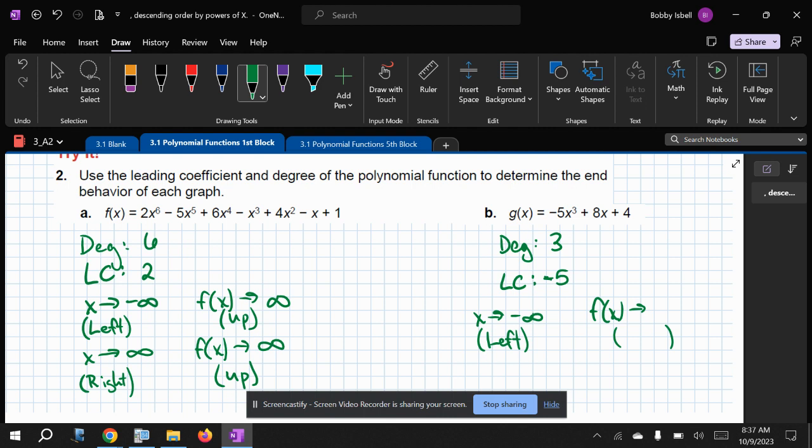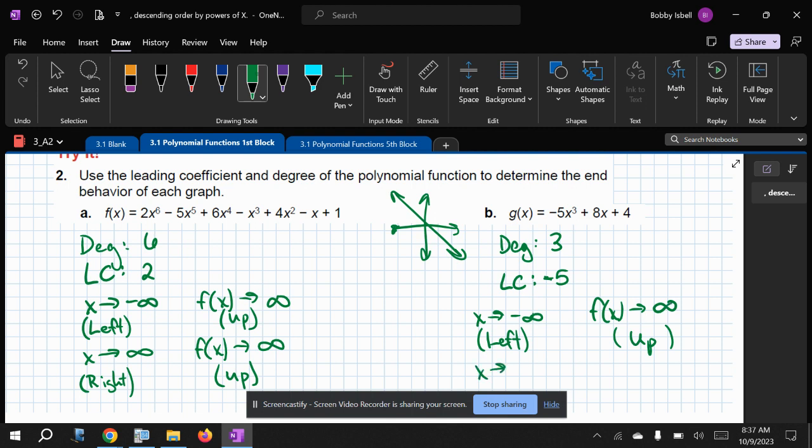Because it's a negative leading coefficient and an odd degree, it's going to act like a line with a negative slope. It's just learning that rule. Once we figure that out, we're good. So the left side's going to go up, so that's going toward positive infinity.